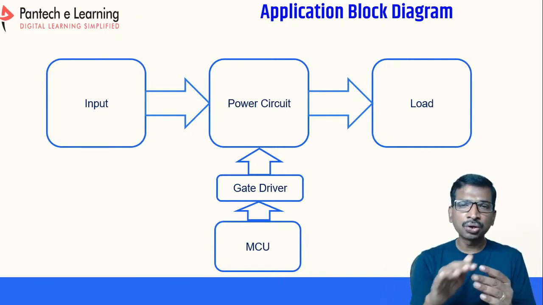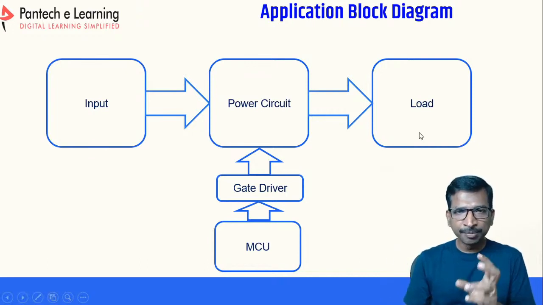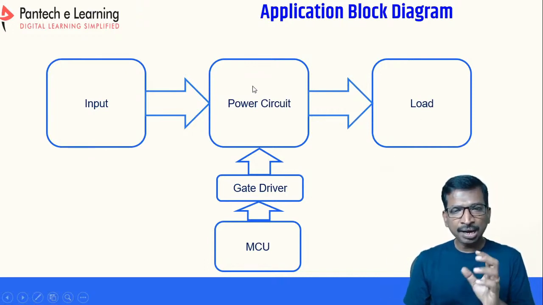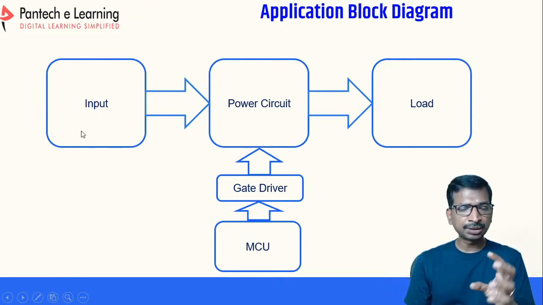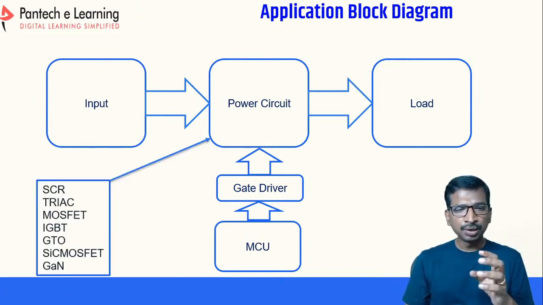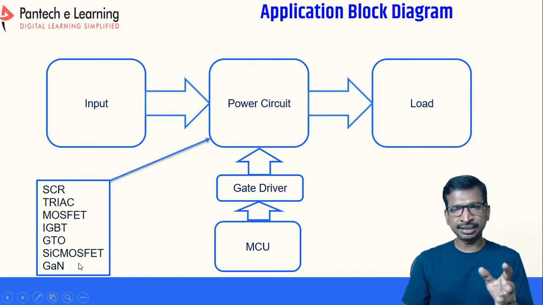If you take motor control applications, the load will be a motor, the power circuit will be an inverter, and the input will be a DC bus voltage, right? The power circuit will be a combination of SCR, triac, MOSFET, IGBT, GTO, SiC MOSFET or GaN devices. It is a combination of any one of these devices.